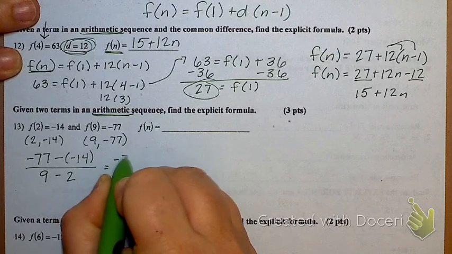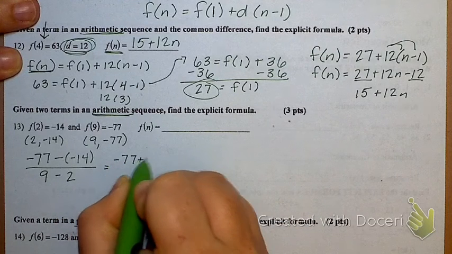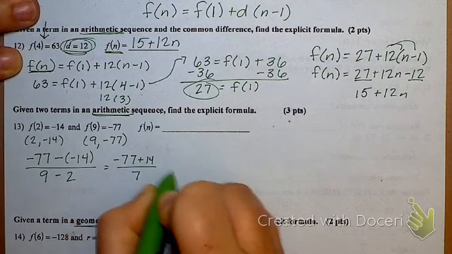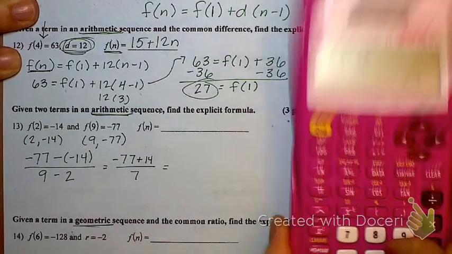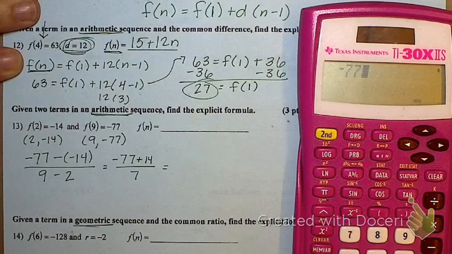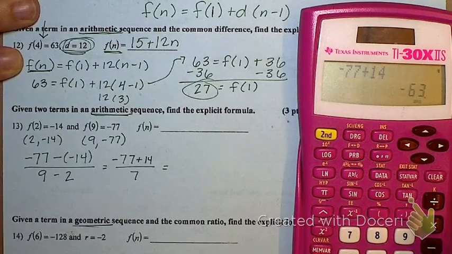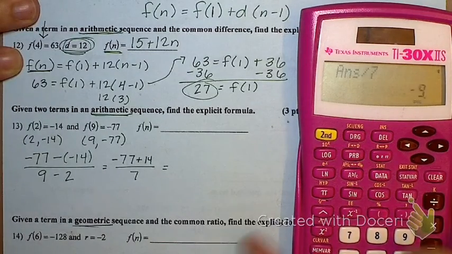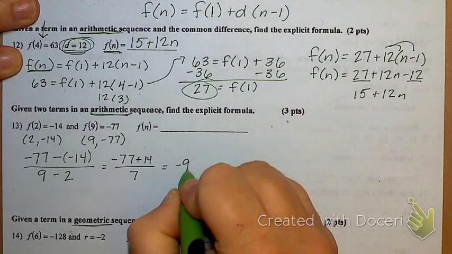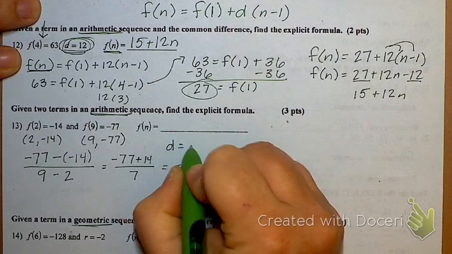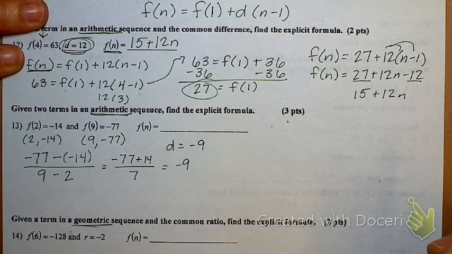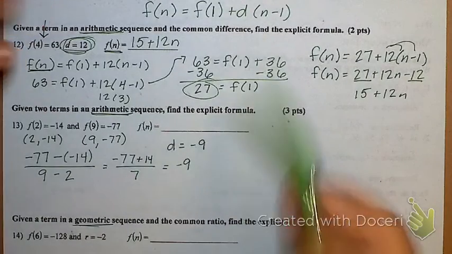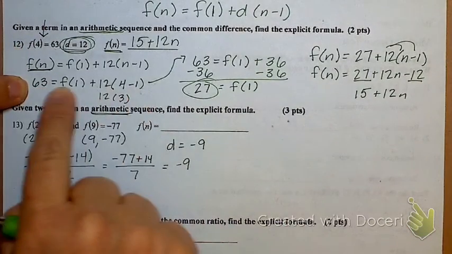So I have negative 77 plus 14, right? Negative 77 plus 14 is negative 63 divided by 7 is negative 9. Wow. So guess what? D is negative 9. At this point, I do the exact same thing I did right here.